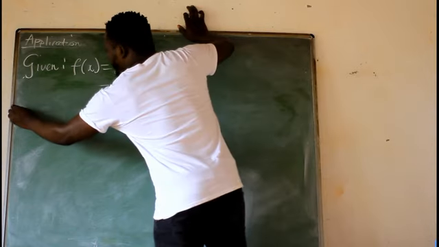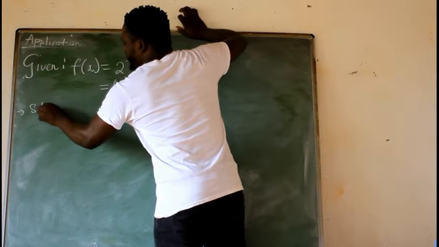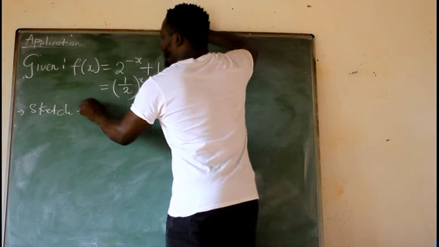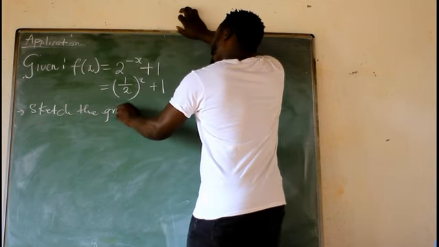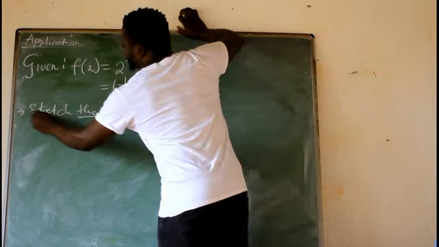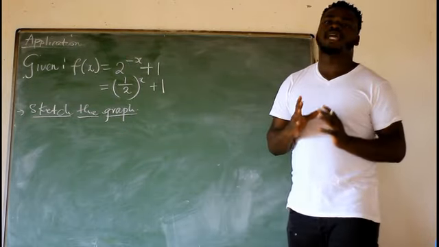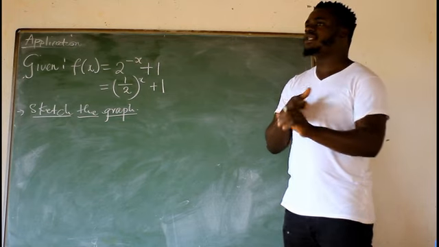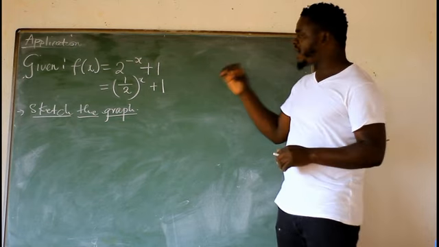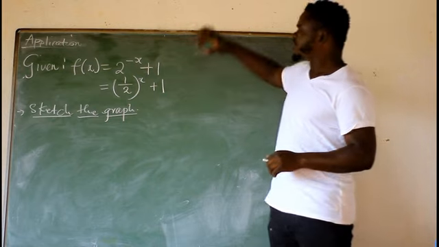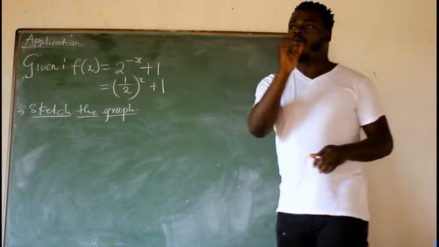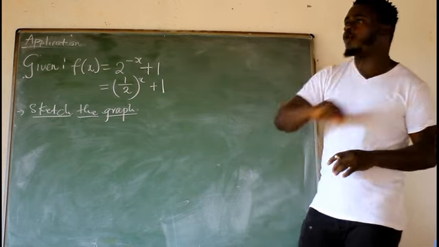Now, the first question says sketch the graph. Guys, whenever they say sketch the graph, you need to have the x-intercept, the y-intercept. On this function, we only have one horizontal asymptote.